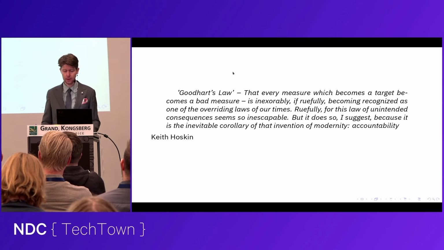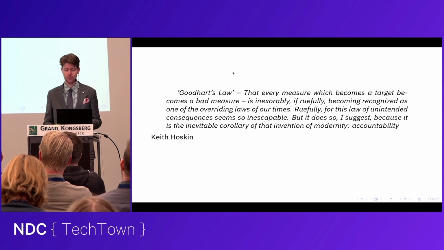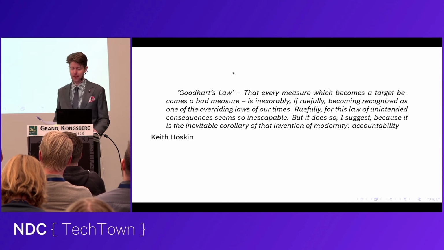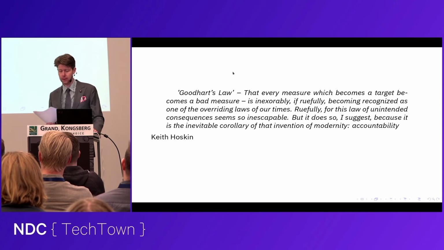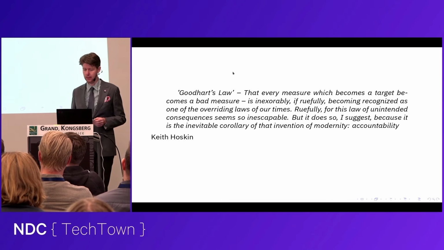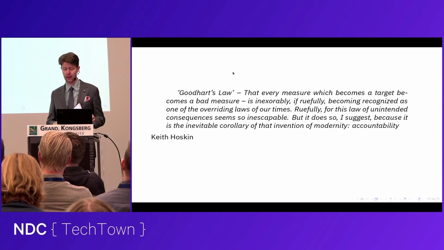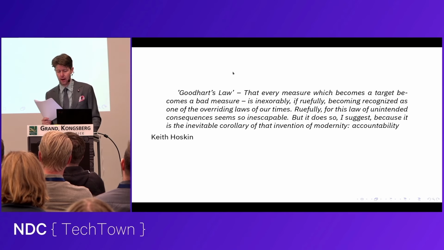Measure is inexorably, if ruefully, becoming recognized as one of the overriding laws of our times. Ruefully, for this law of unintended consequences seems so inescapable. But it does so, I suggest, because it is the inevitable corollary of that invention of modernity, accountability.